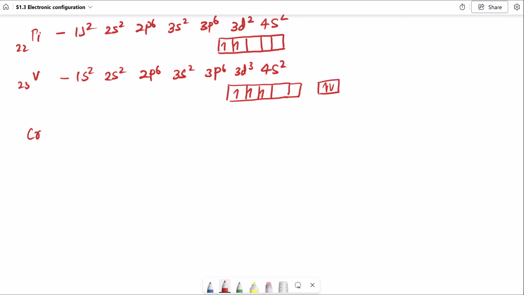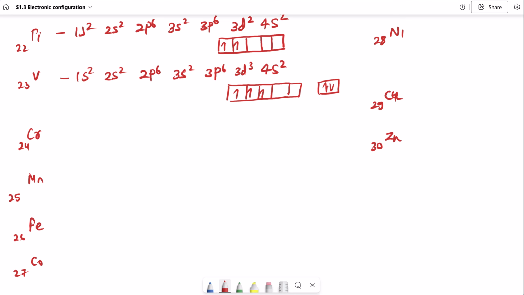Now we have chromium, manganese, iron, cobalt, then nickel, copper, and zinc.